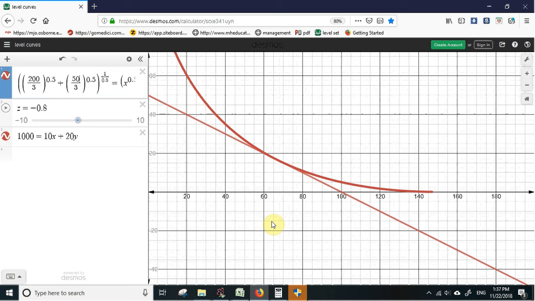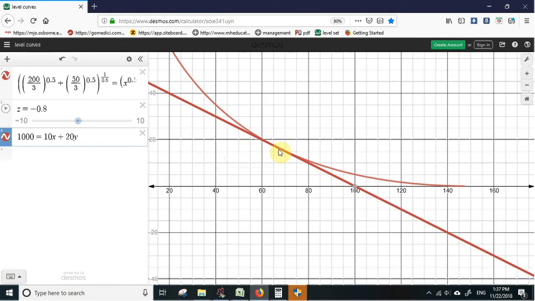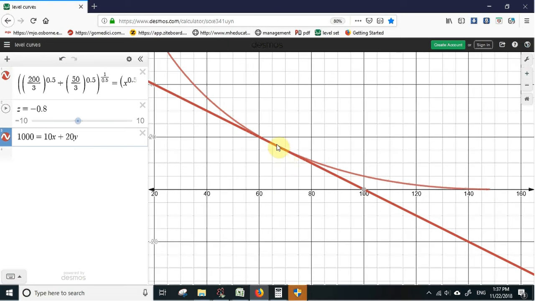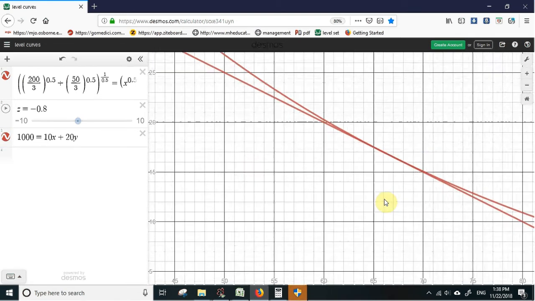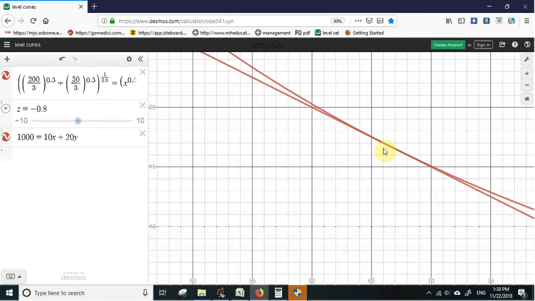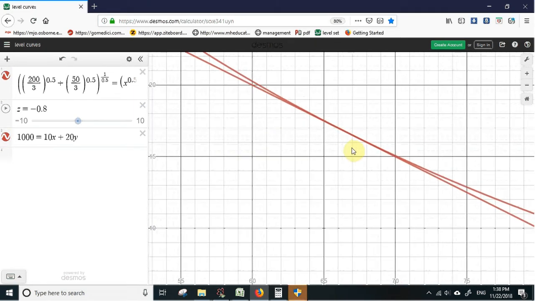So this is the consumer's equilibrium point.